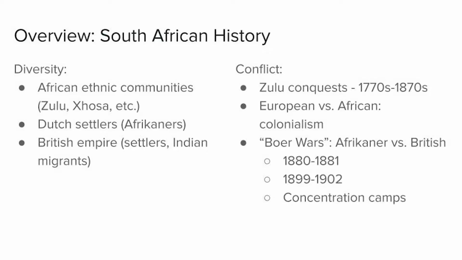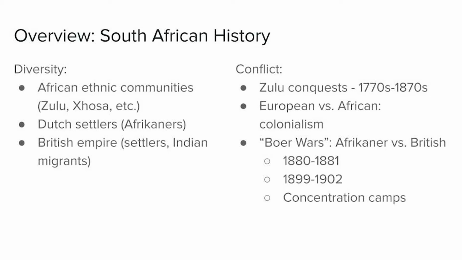But there's actually a lot of diversity in South Africa, even before the arrival of Europeans or people from other parts of the world. There are incredibly diverse African indigenous ethnic communities, including groups like the Zulu, who are a Bantu people, primarily a pastoral society with wealth focused in cattle, notable as warriors, especially in the 18th and 19th centuries.